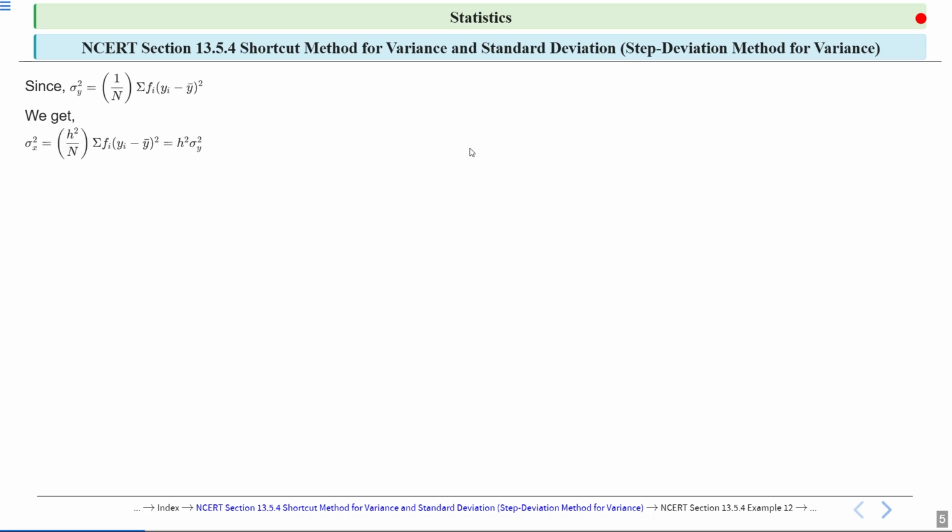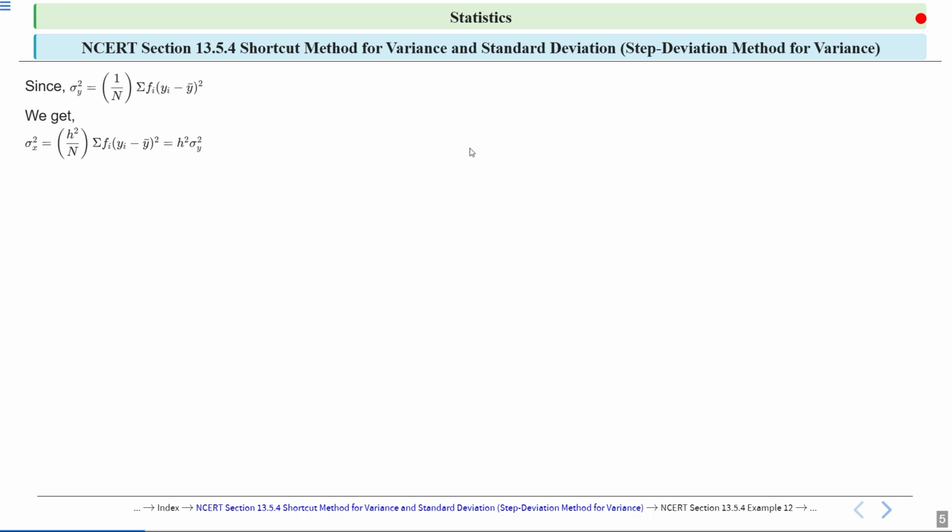Now let's see how this formula changes when we want to find the variance for x instead of y. We get sigma x square equal to h squared divided by n times sum of fi times (yi minus y bar) whole square. This is simply equal to h squared times sigma y square.